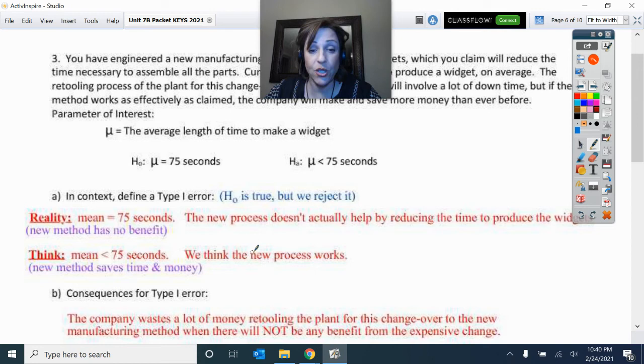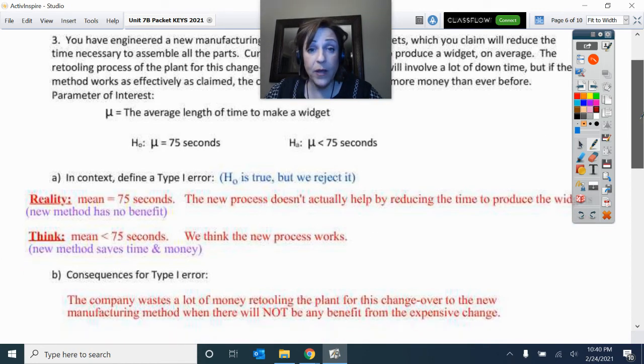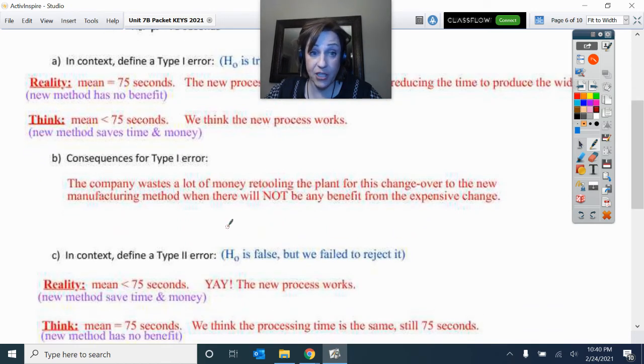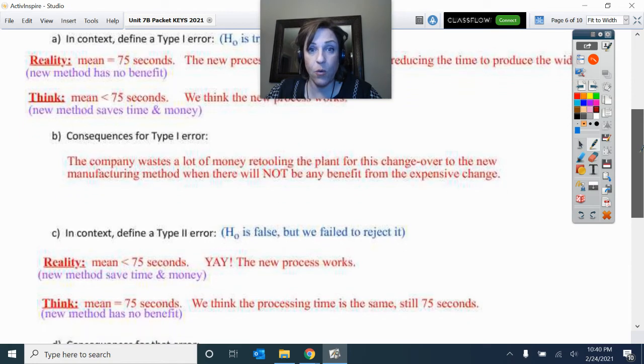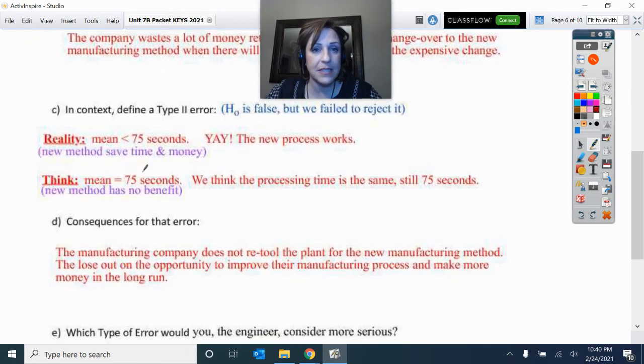Well, they think the new process works, and so they are going to go ahead with the renovation on the factory. So the consequence is that the company wastes a lot of time and money retooling this plant for that changeover to that new method when there actually is not a benefit from that expensive change. Okay, that's going to be quite a bit lost and a pretty significant impact to that company.